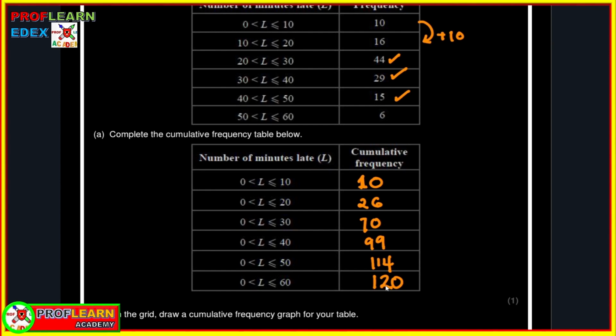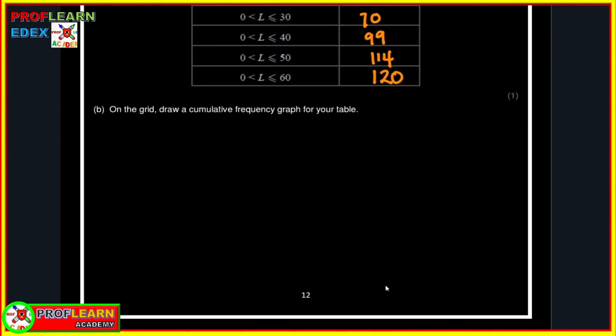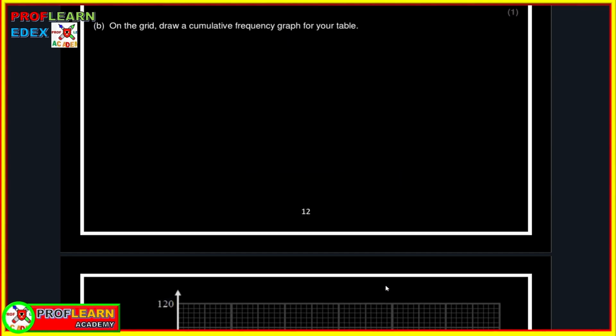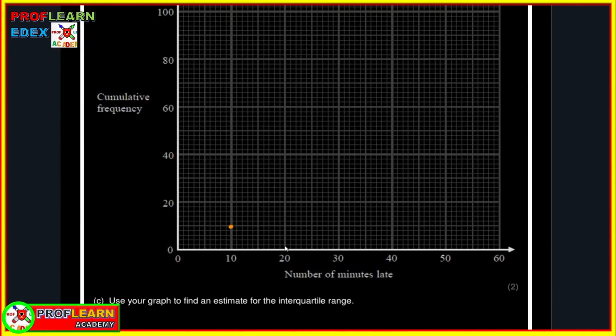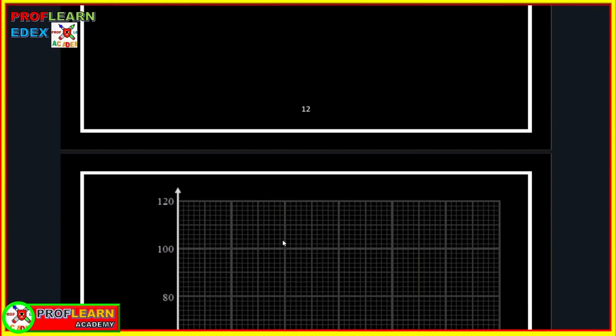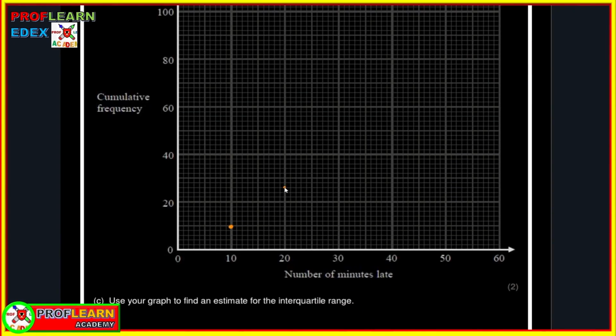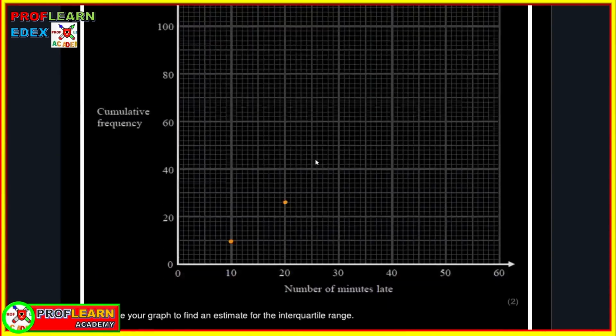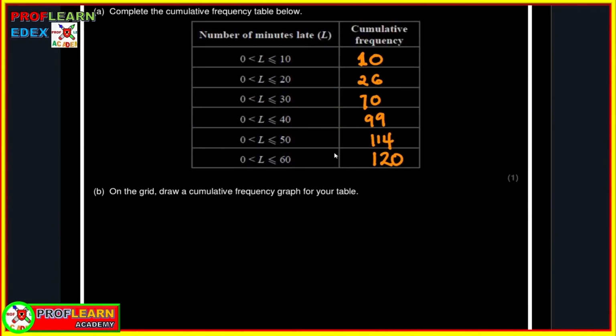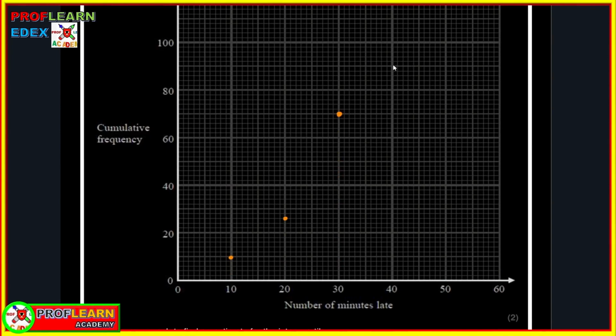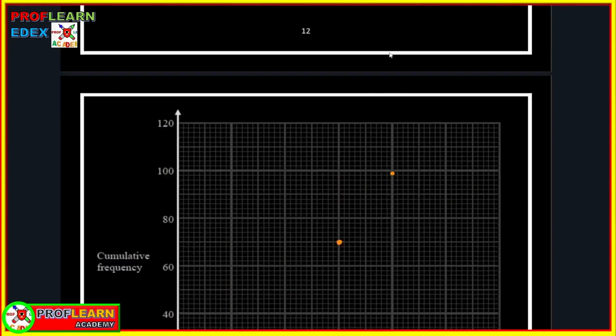Now we're going to use this information to draw the cumulative frequency curve or graph, using the upper limits of the class. So this point comes here, and we move up to around 99. 99 is around here.